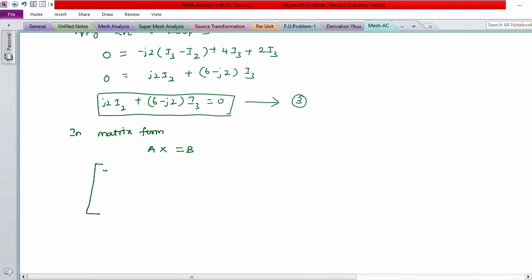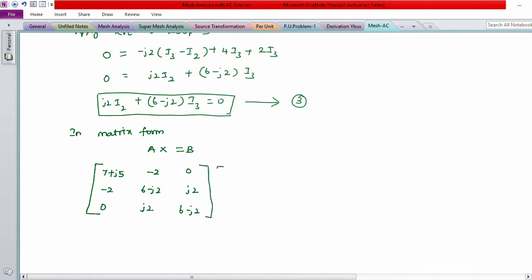Now for equation 1, we can write in matrix form: 7 plus J5, minus 2, 0. And for the second equation, minus 2, 6 minus J2, J2. And for the third equation, 0, J2, 6 minus J2.